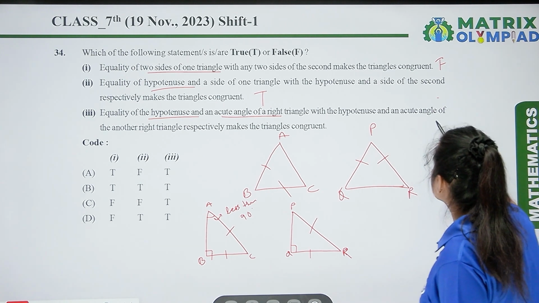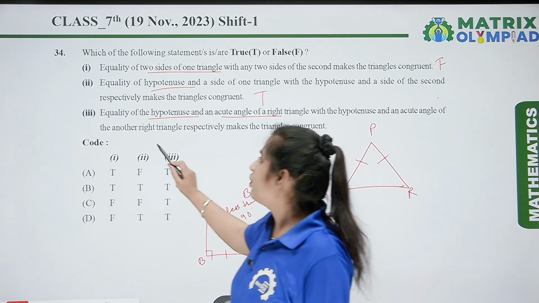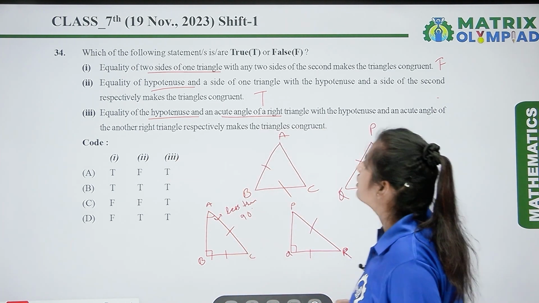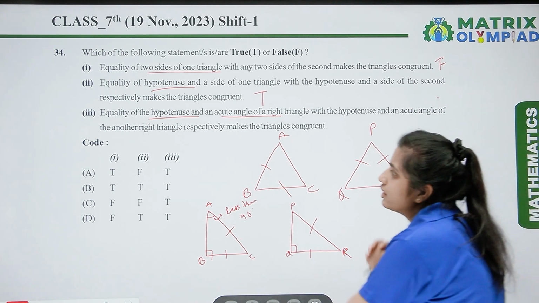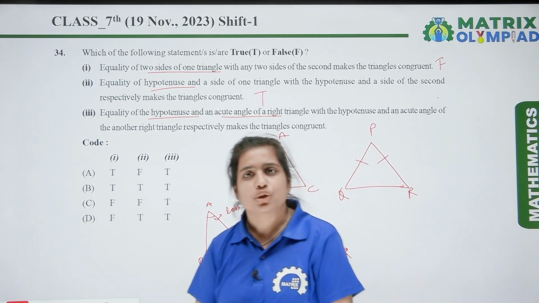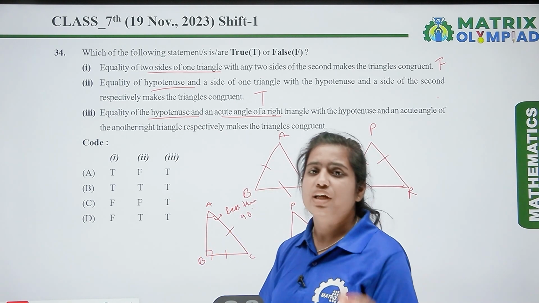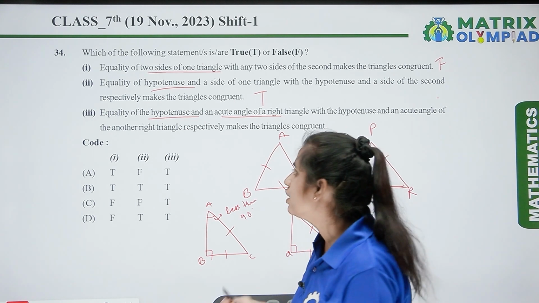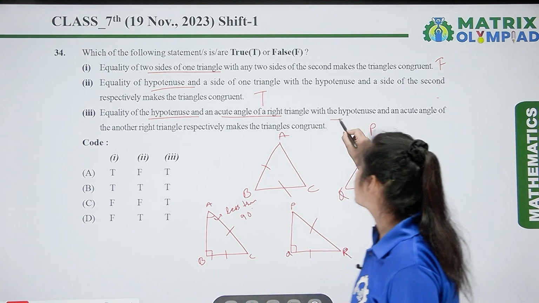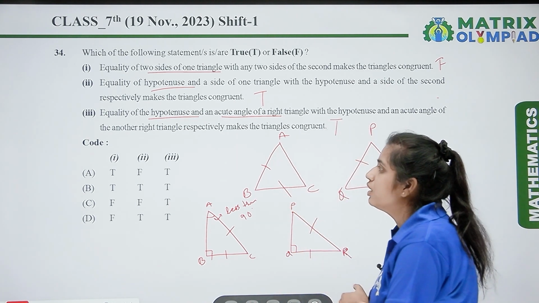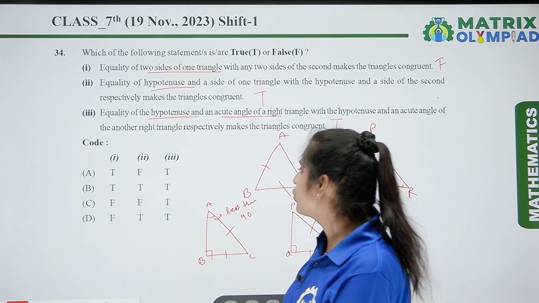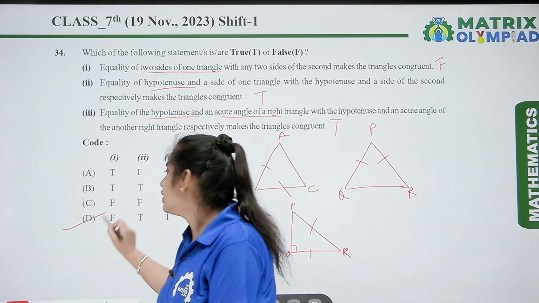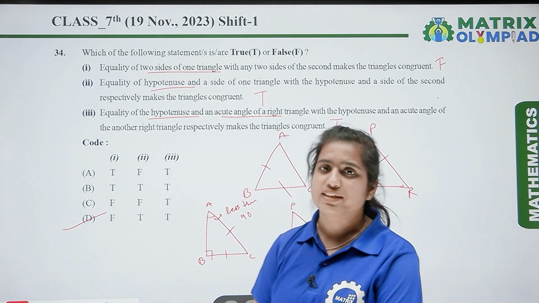With the hypotenuse and then acute angle of another right triangle respectively makes the triangle congruent. Yes, this statement is also true. With the help of AAS congruency, we can say that two triangles are congruent. So, the sequence is false, true, true. So, here option D is the correct answer.